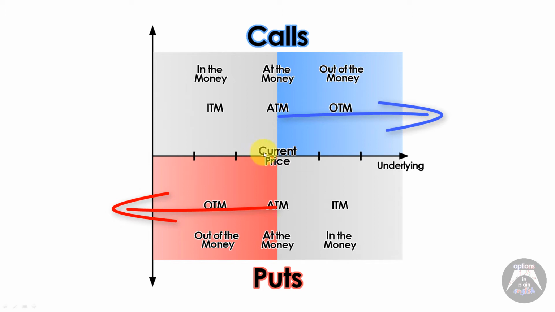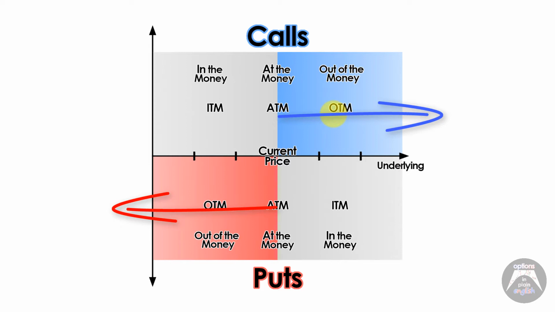So for example, for calls, if we were looking at a price of $20, then starting on the $21 strike, 22, 23, 24, etc., those calls would be out of the money. They would be out of the money because if we were to exercise them, they would have no value. So their value is only based on the possibility that the current price could move in the future.